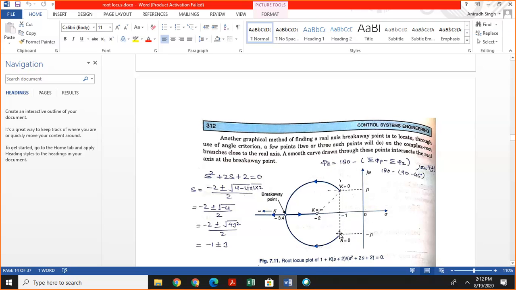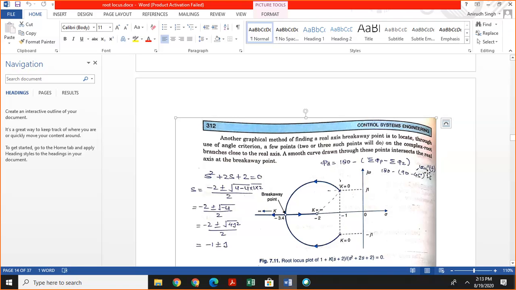The remaining pole subtends an angle of 90 degrees, and the zero subtends an angle of 45 degrees.